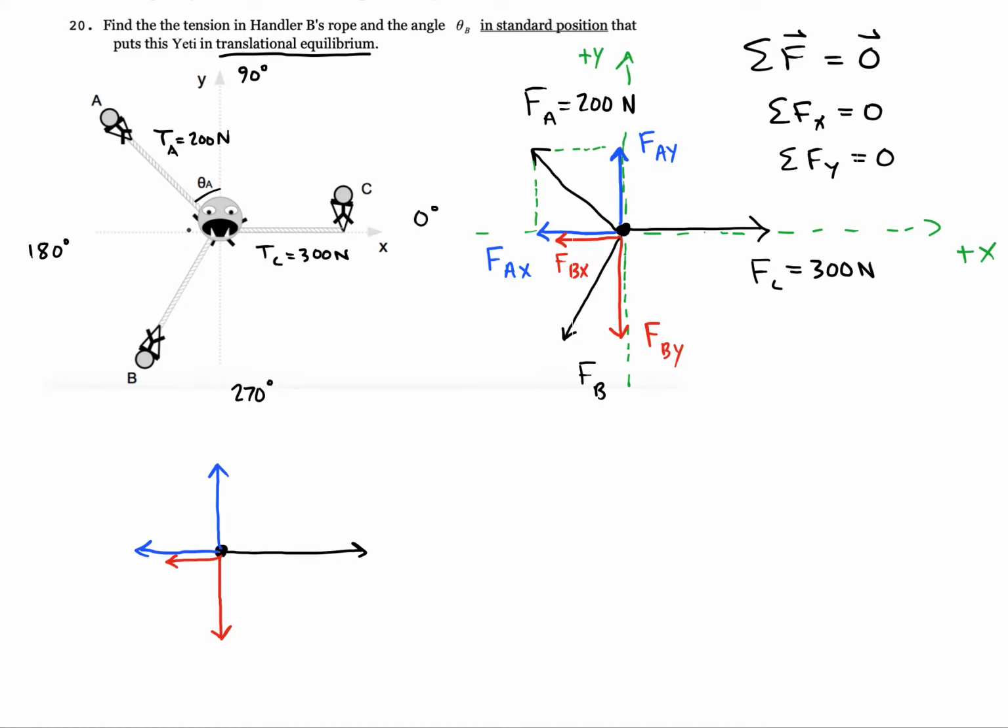So you might do the y first, because you've got only two forces in that dimension, FAY and FBY. So you could say that FAY plus FBY has to equal 0.